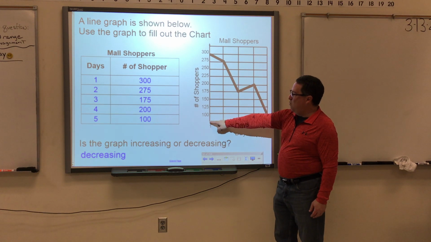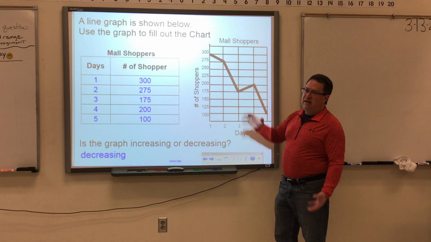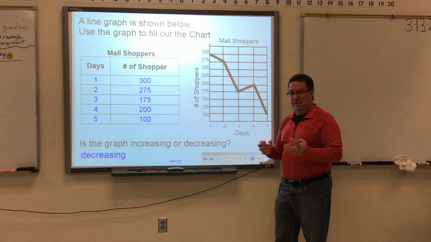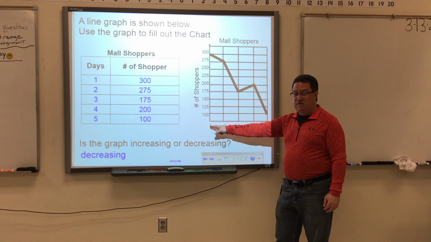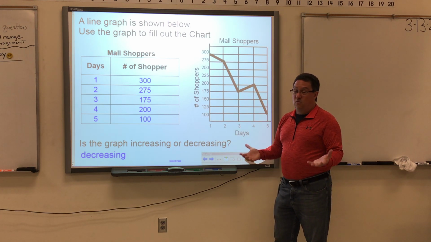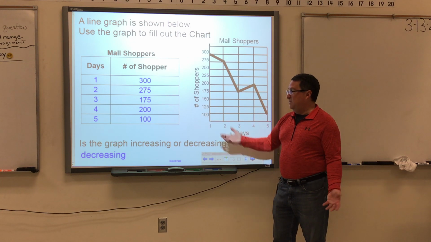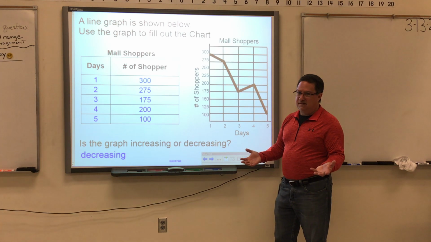If I look at day 1, and remember guys, this is just a graph. It's not necessarily a coordinate plane. So I'm not starting at 0. I'm starting at 1. So you've got to remember, you don't necessarily have to start at 0. We could have, but number of shoppers 0, days 0, wouldn't really have made sense.